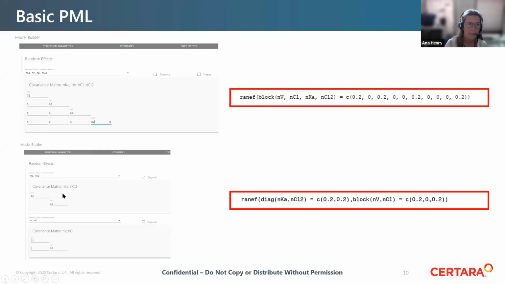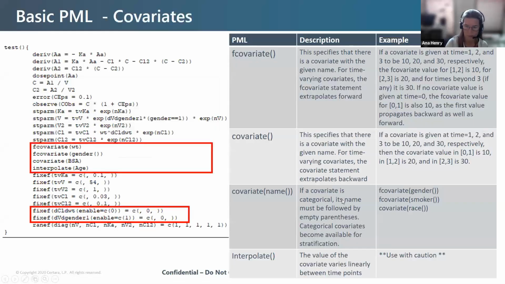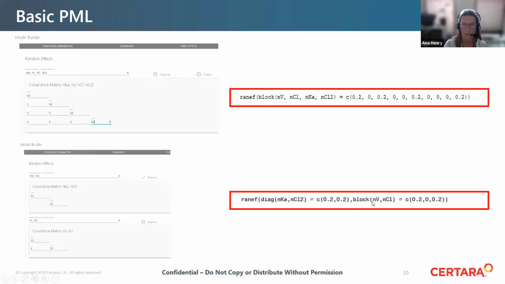Now, if you want to split things, for example, between Ka and Cl2 to not just be a diagonal, you can do that. You can split them, indicate diagonal, and you will see in the statement that this is RANDEF diagonal for these two terms with the initial condition. Oh, sorry, I keep going to the other one.